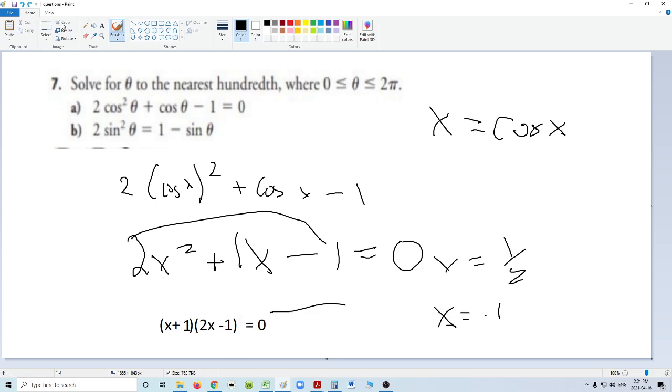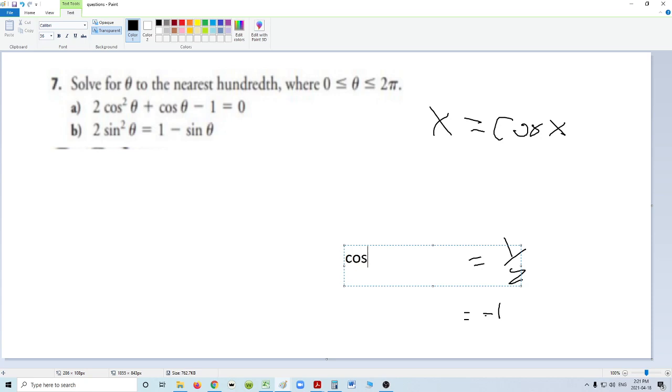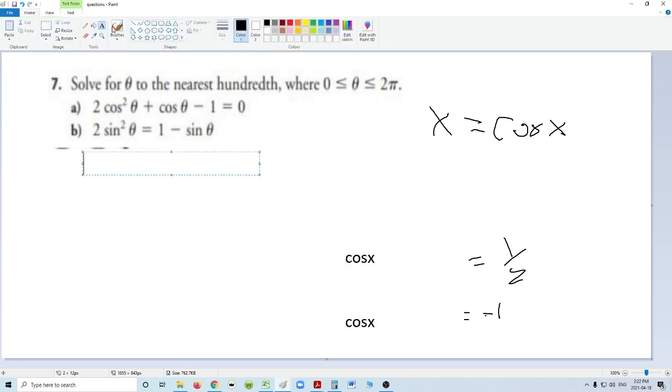At this point, we're going to come back and replace the x with cos x. So when cos x is equal to half, or when cos x is equal to minus 1. Well, I happen to know from experience there's only one situation where cos x is minus 1, and that's on the unit circle.